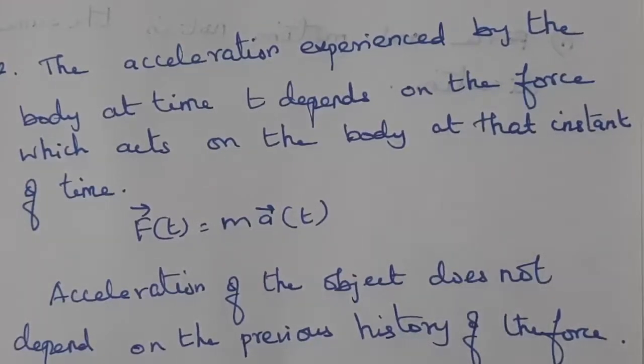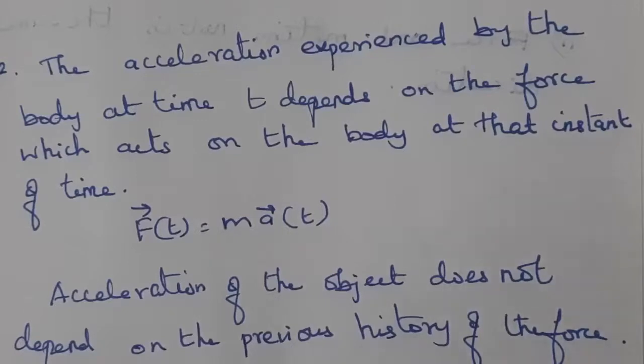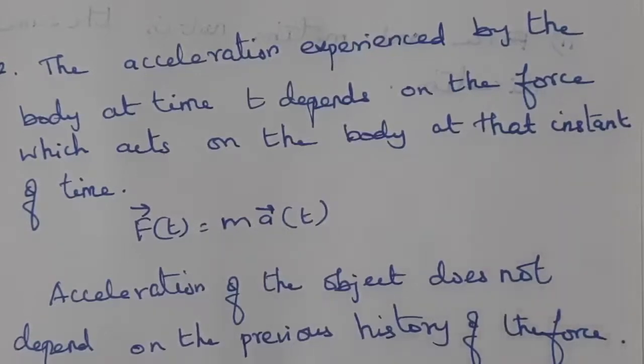So the acceleration of the ball is independent of how the ball was bowled. So the acceleration of the object does not depend on the previous history of the force. Understand? The next point.